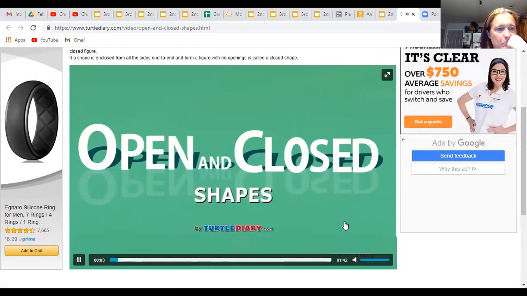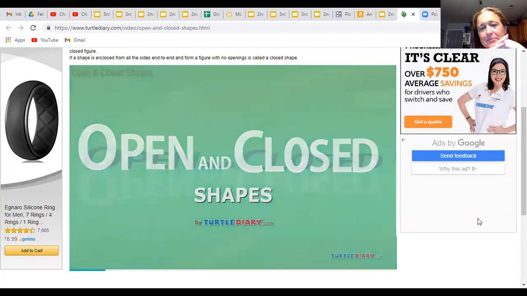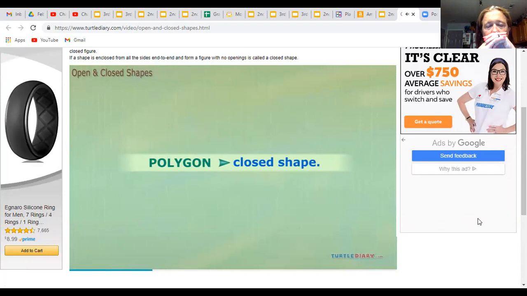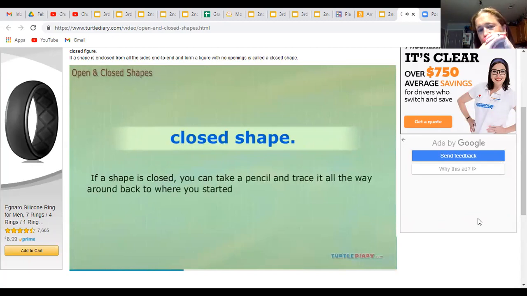Open and closed shapes. Before we can understand what a polygon is, we must understand what it means for a shape to be closed. If a shape is closed, you can take a pencil and trace it all the way around back to where you started without running into any breaks.